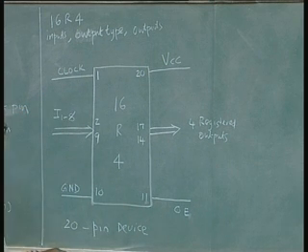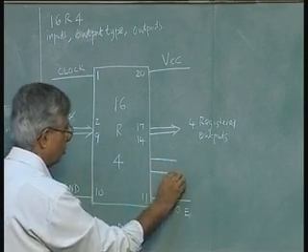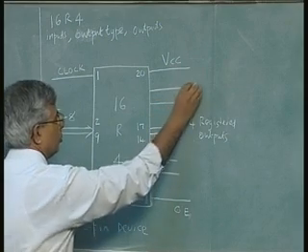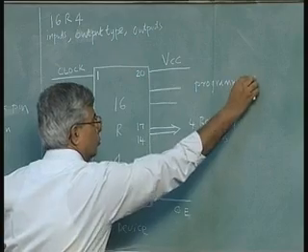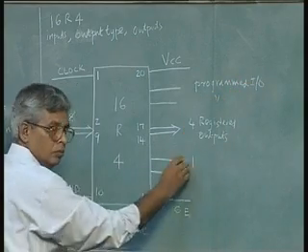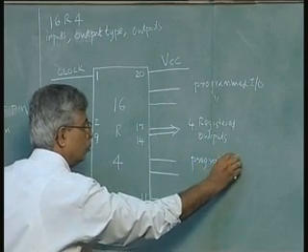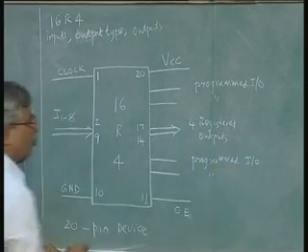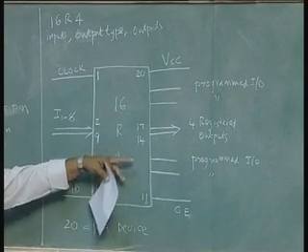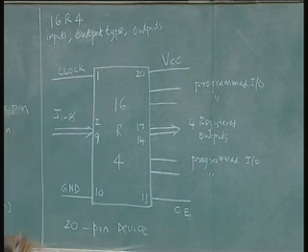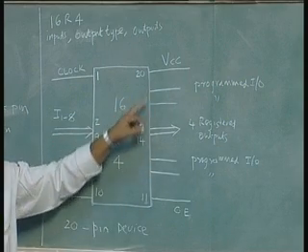And how many pins are now left? 4 pins. These 4 pins are programmed I/O pins. So there are 4 programmed I/O pins and 4 registered output pins. How did you get the number 16 now? These are 8 here, 4 here and 4 here.